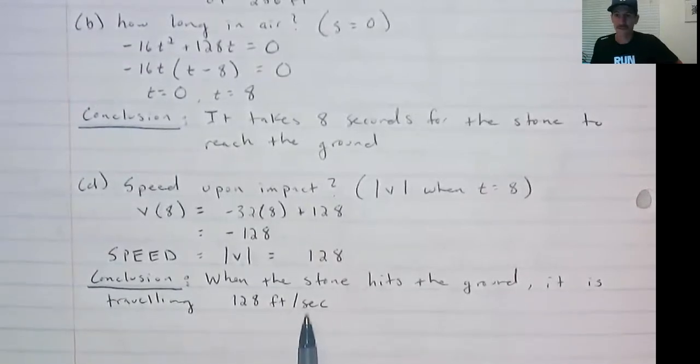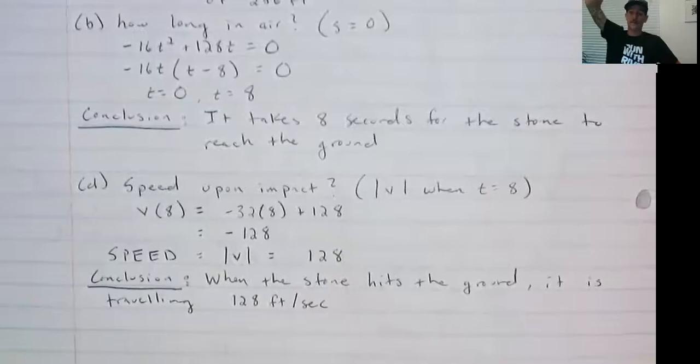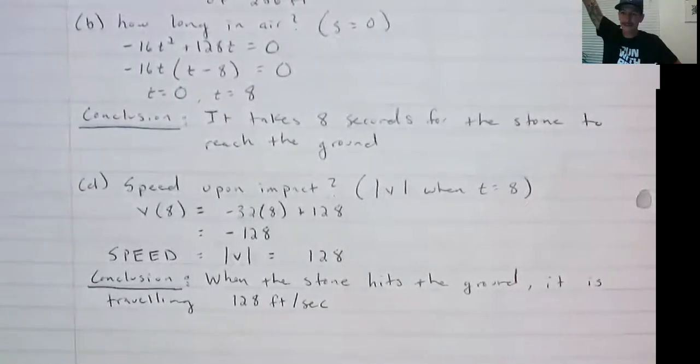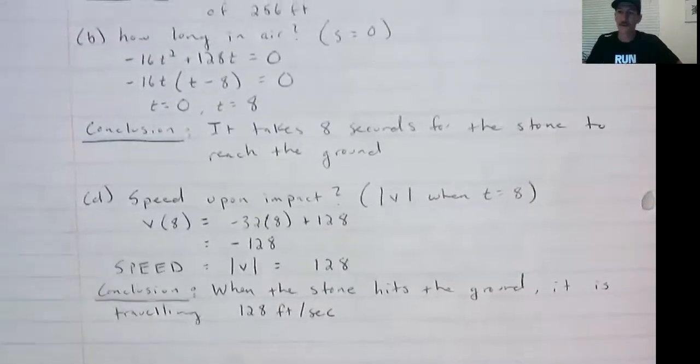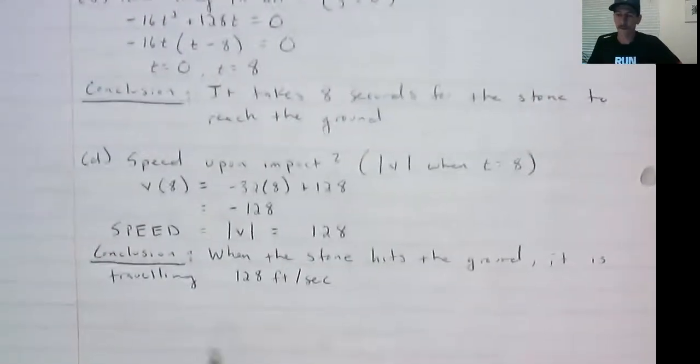Which kind of makes sense, okay? You throw it up at a certain speed, it reaches its max height, and then it comes back down the exact same distance, the exact same time, it reaches that max speed and it returns.